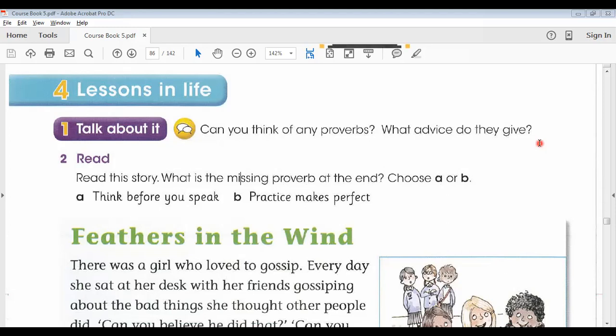After that, we started activity two. Activity two is also about a proverb. You have a short story, a very interesting story. I asked the students to read the story and find the missing proverb at the end. Choose a. So we have these two proverbs: think before you speak, practice makes perfect.